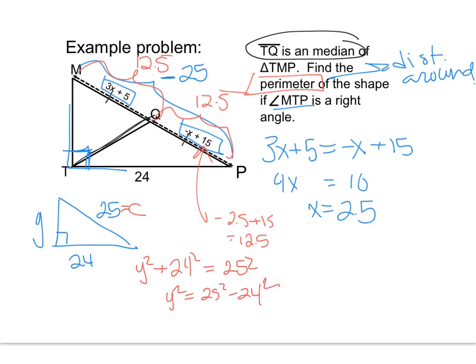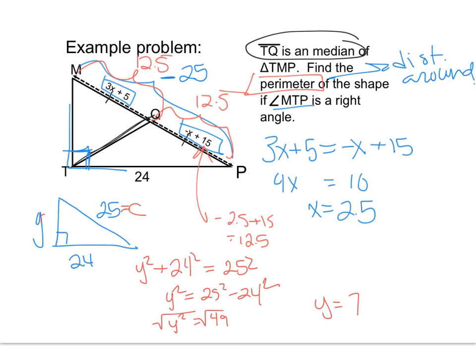I'm going to do the math there. So if I do 25 squared minus 24 squared, putting that in my calculator, I'm getting 49. So I get y squared equals 49. Take the square root of both sides. I get y equals 7.